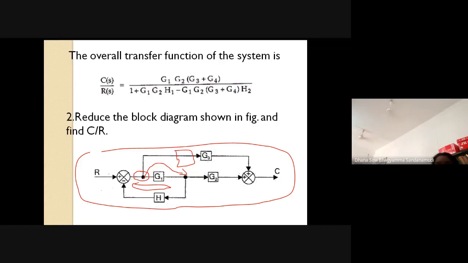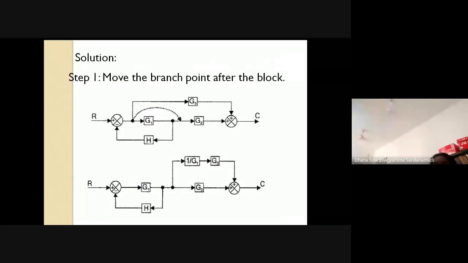Its magnitude will be related to this G1. It can be G1 or 1 by G1. You have to tell me why, because I have already discussed the rules. If I move this branch point ahead of this block, this feedback loop can be easily simplified. Let us see what I have done. I have moved this branch point ahead of this block.